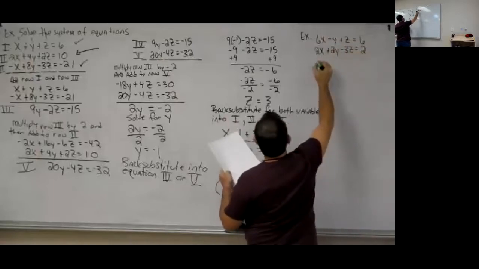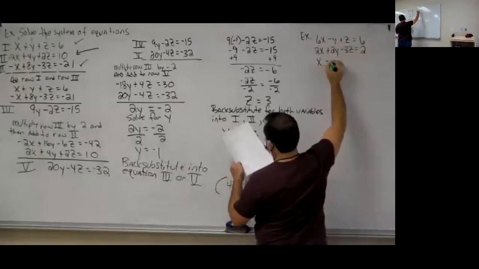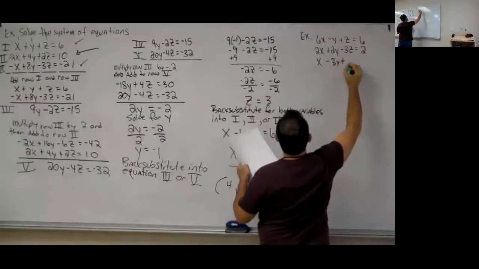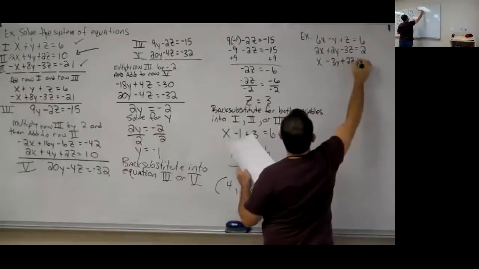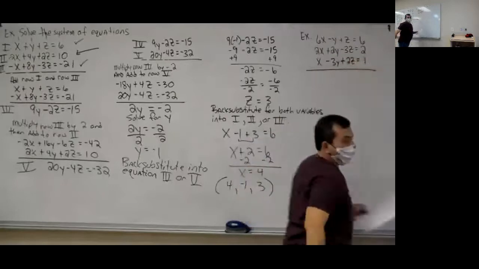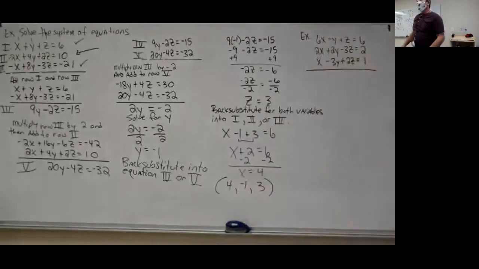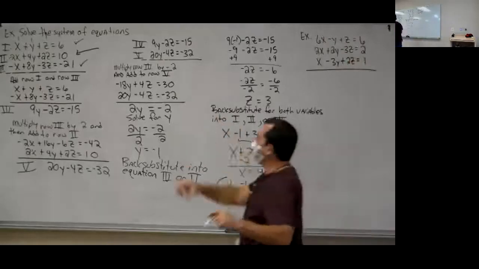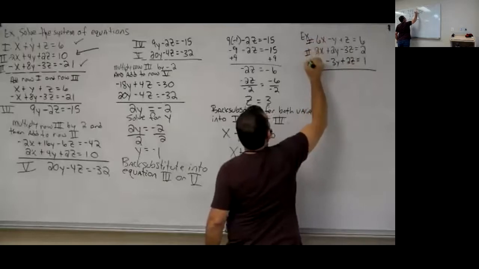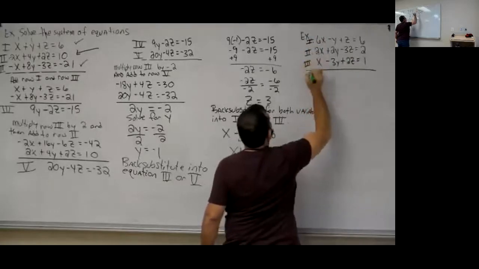And my third equation has an x minus 3y plus 2z is going to equal 1. So we now got the system, so I'm going to call this 1, 2, and 3.